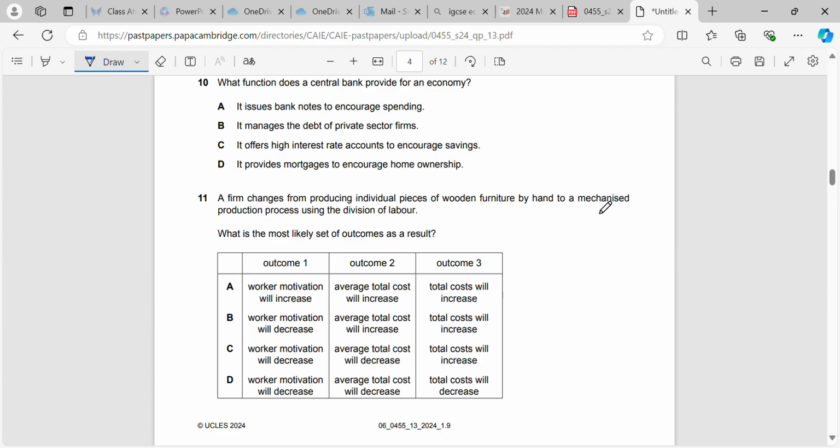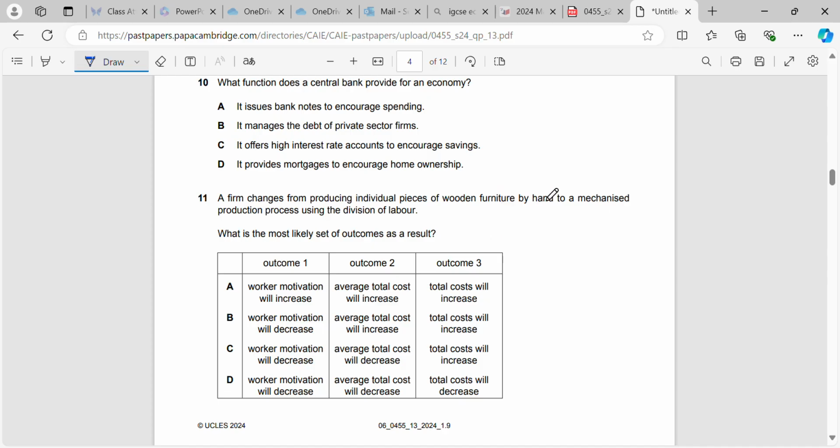Okay, question 11. A firm changes from producing individual pieces of wooden furniture by hand to a mechanized production process using the division of labor. What is the most likely set of outcomes? So basically what they're doing here is moving from producing labor intensively to capital intensively. Now what happens when we move from labor intensive to capital intensive?